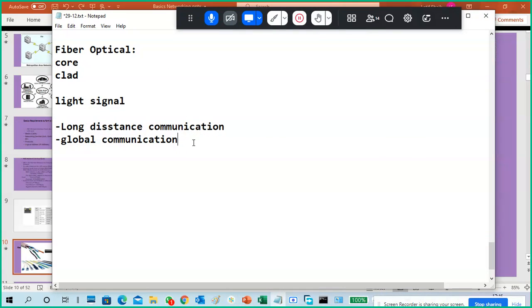No, actually we are getting the internet through fiber optic connections. Okay, internet purpose. Next, which is high speed data transmission.